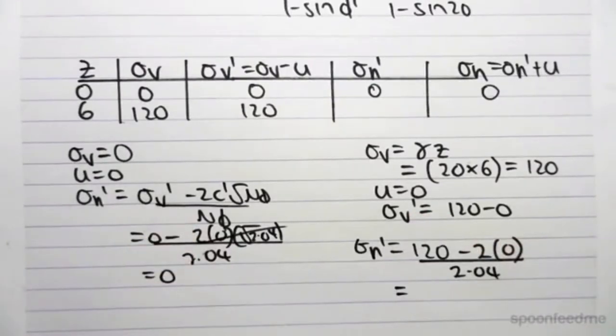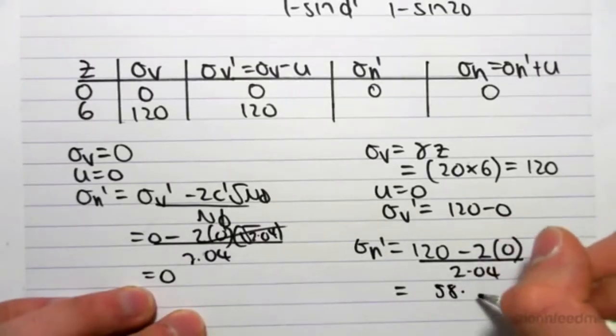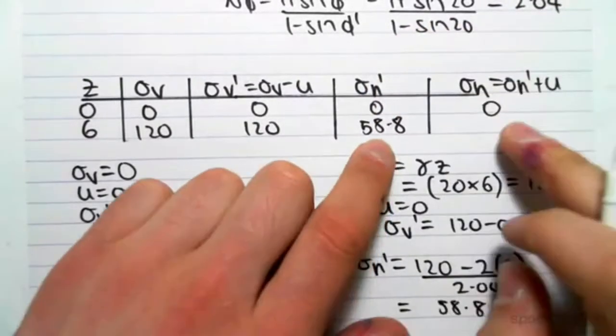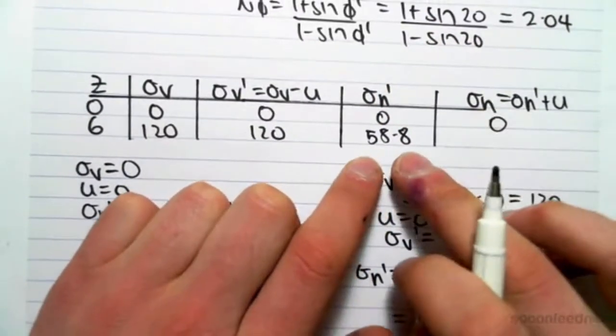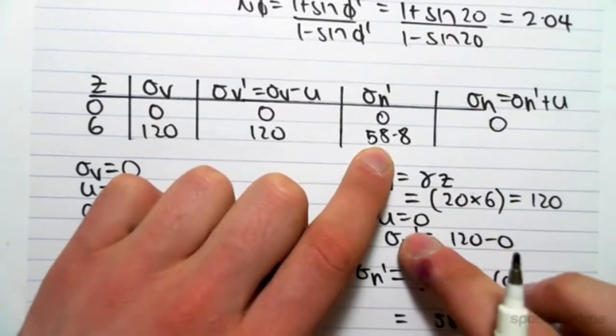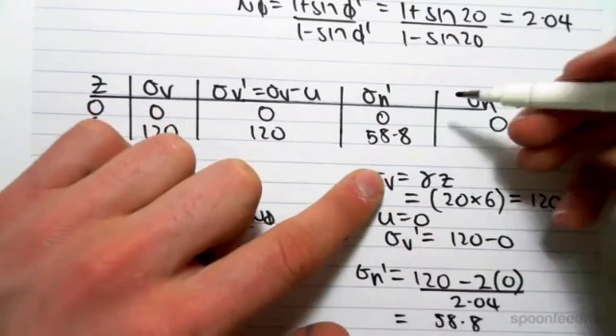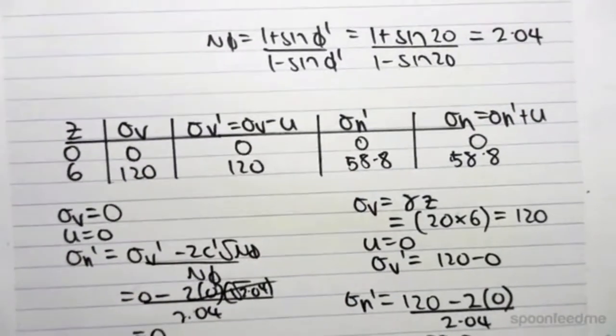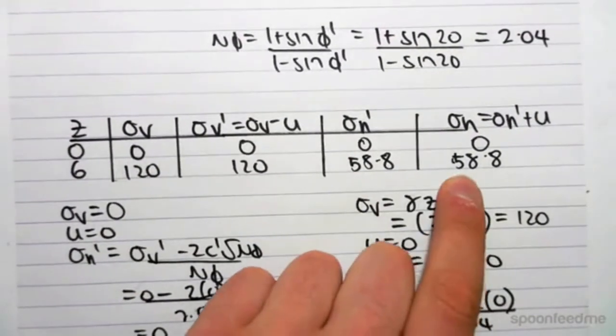We will work this out, so 120 divided by 2.04, we would get 58.8. And then we could find our total stress by going 58.8 plus our pore water pressure, which is 0. So this would just be 58.8. So there we have our horizontal stress.